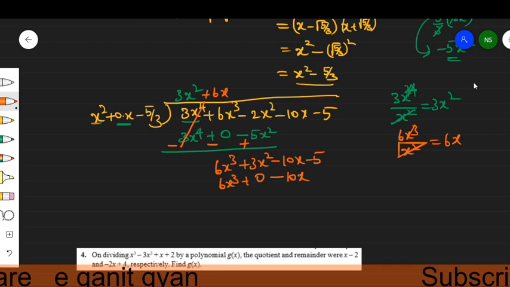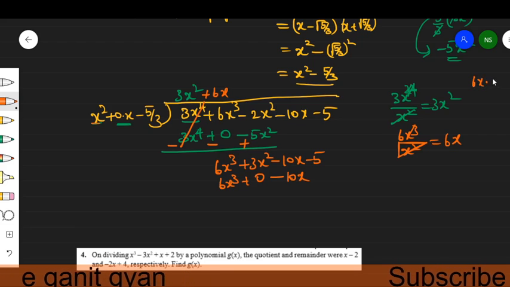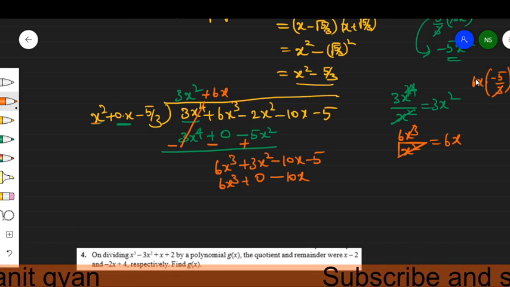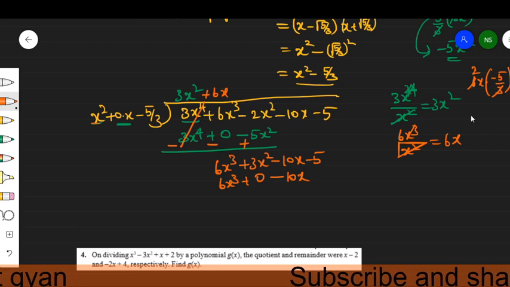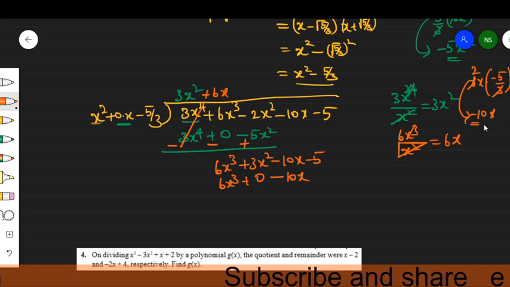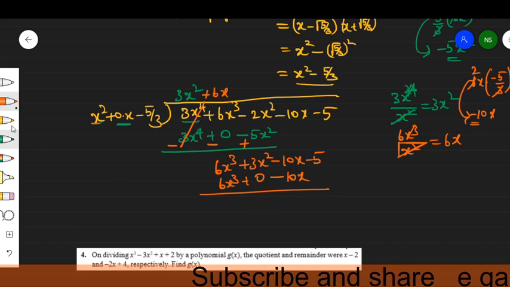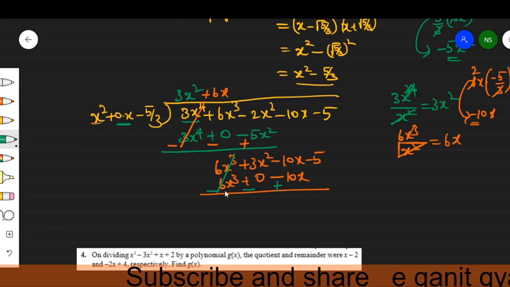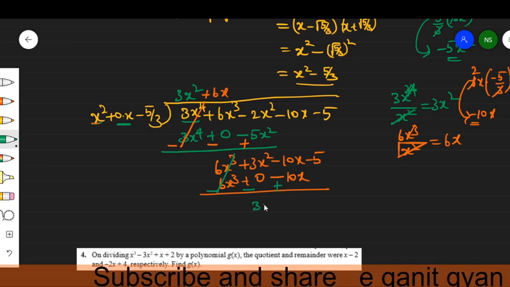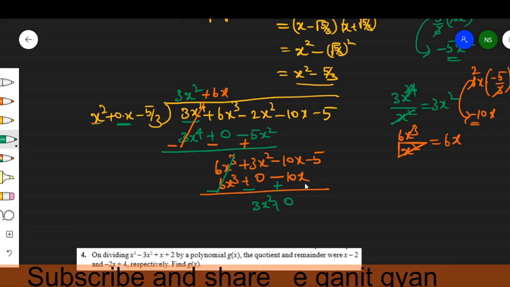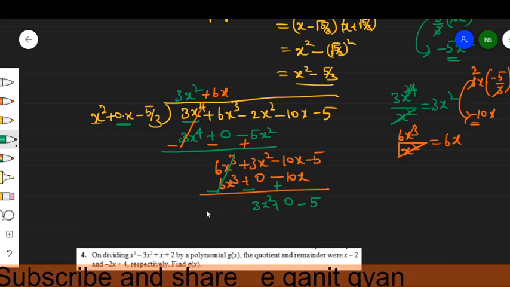It is very important: 6x into −5/3. If we calculate this, 3 ones are 3, 3 twos are 6, 2 times −5 is −10x. So if I subtract, minus minus will be plus, and these two will become 0. Here I will get 3x², here 0, here −5.